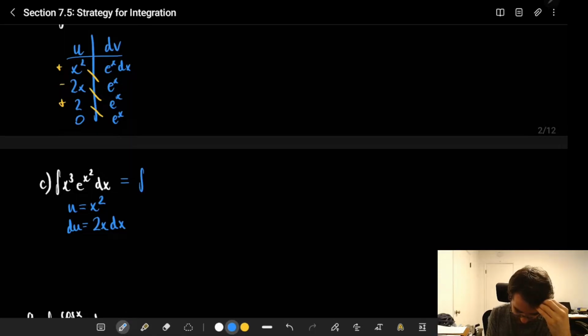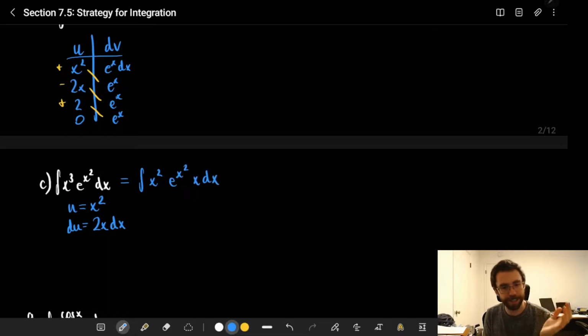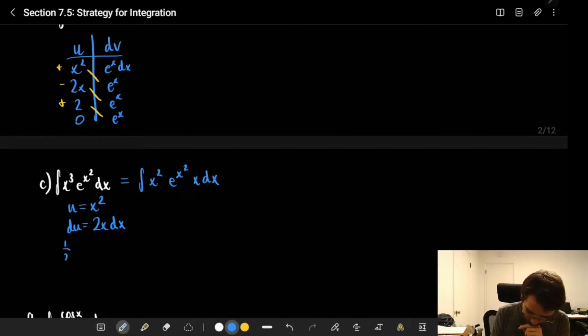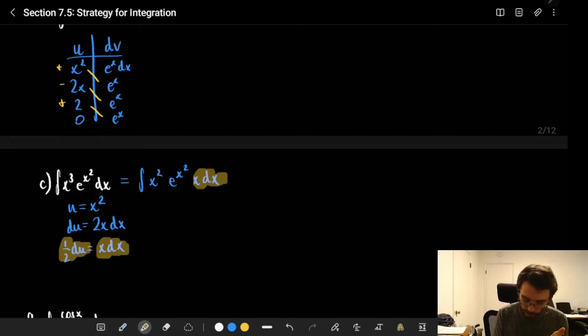Let's write it like this. Before I do my u substitution, just to make it clear what I'm doing, let's write the integrand like that. Weird. All I did was split up the x cubed as x squared times x, and I moved the x over to the right. Reason being, there's an x dx, so I can replace that with a half du.